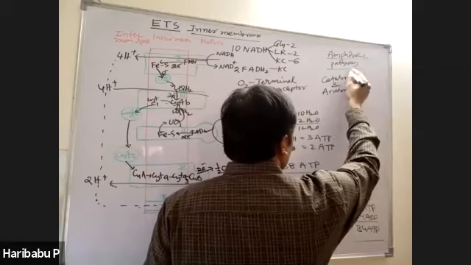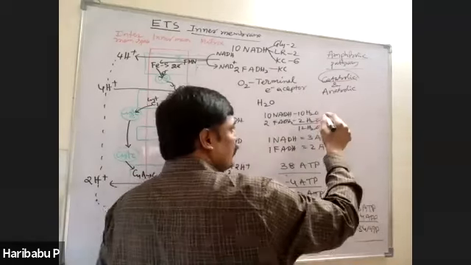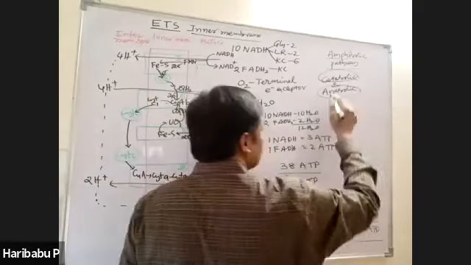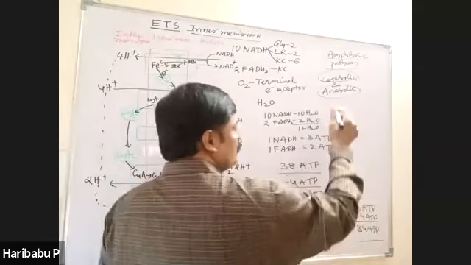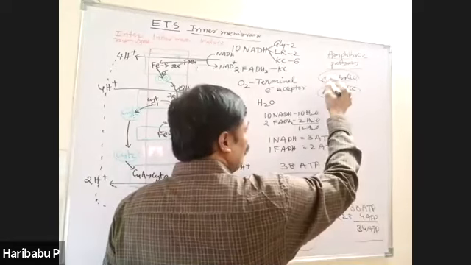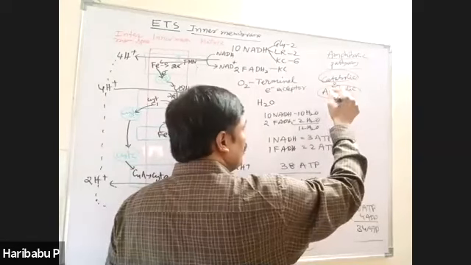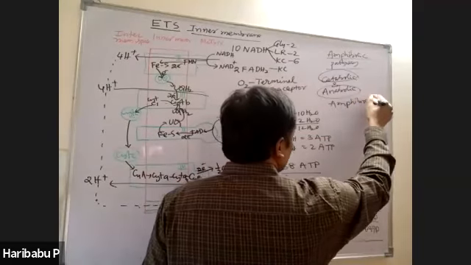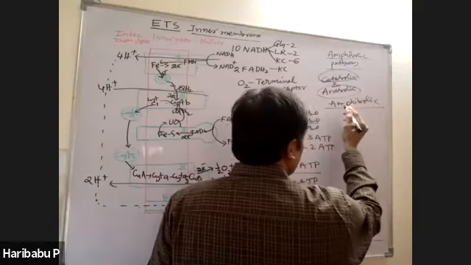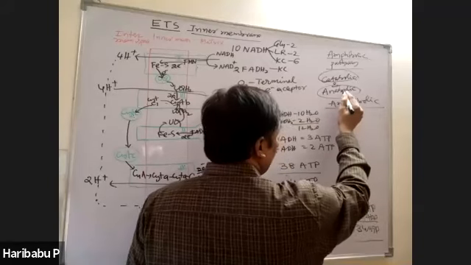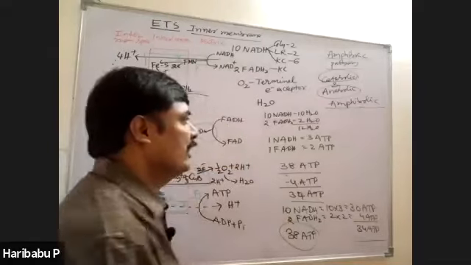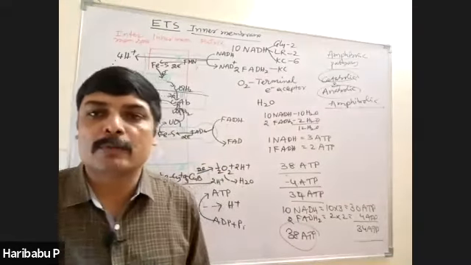That means in respiration, catabolic reactions occur, and anabolic reactions also occur. So as it involves both catabolic and anabolic, it is also called amphibolic. Amphi means both. Bolic means here catabolic, anabolic. So respiration is an amphibolic process.